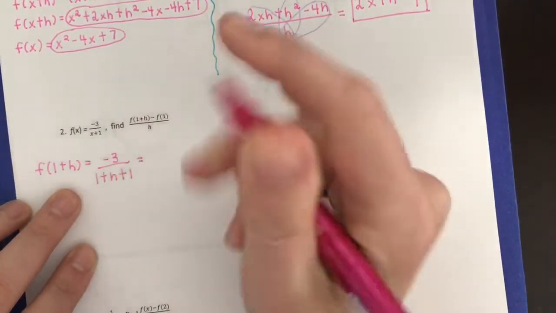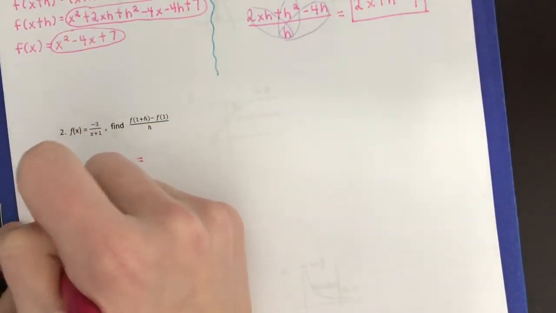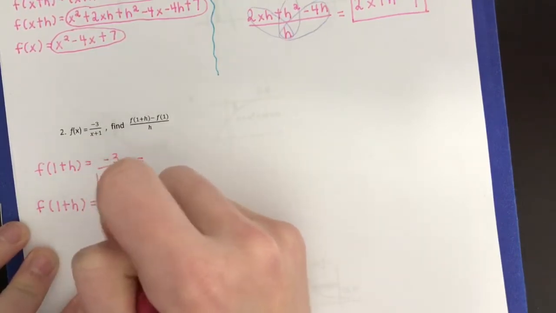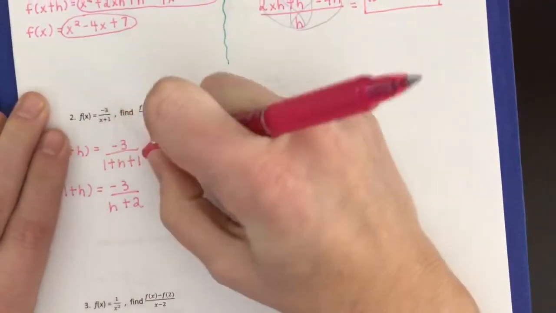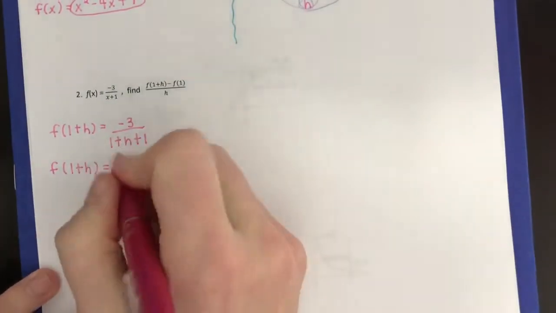So this is going to equal, here, I'm going to actually come down here to be more proper. F of 1 plus h equals negative 3 over h plus 2. I hate writing horizontally like that. Really should write vertically.